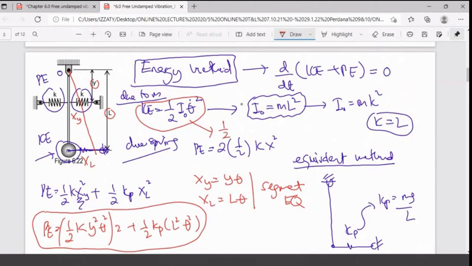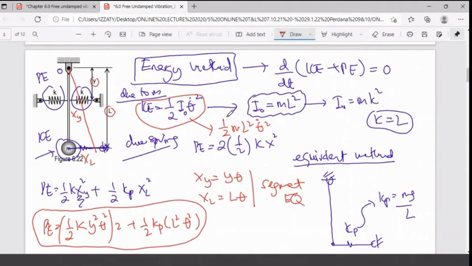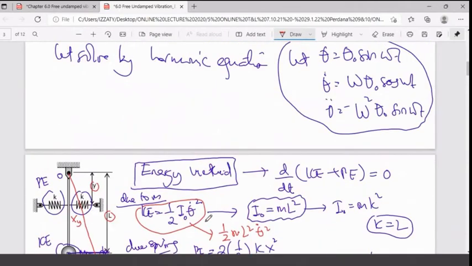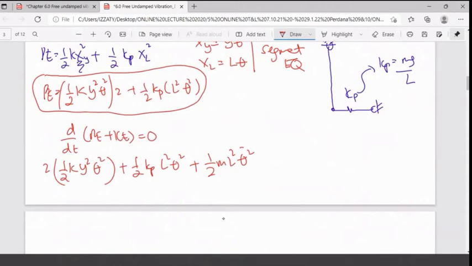This I will be mL square theta dot square. Easy, right? So I'm going to put this m L square theta dot square, equal to 0. Then you start differentiating this one, d by dt.